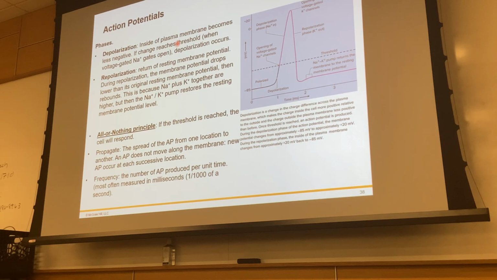I don't ask lots of questions about this, but when the neuron is resting and ready to send its signal, it's polarized. It's at this negative potential right here. And when it's polarized, it's ready to send a signal, ready to cause the muscle to contract.